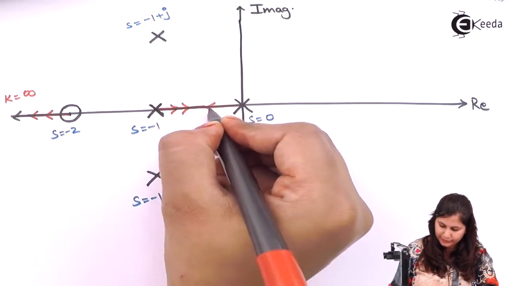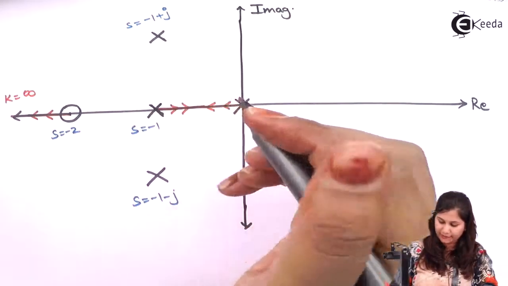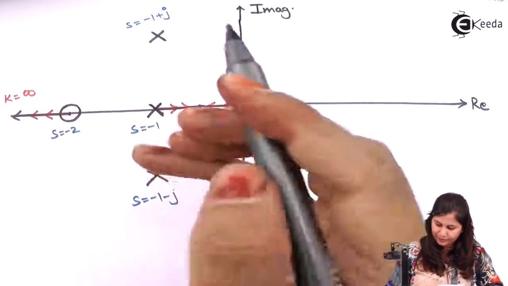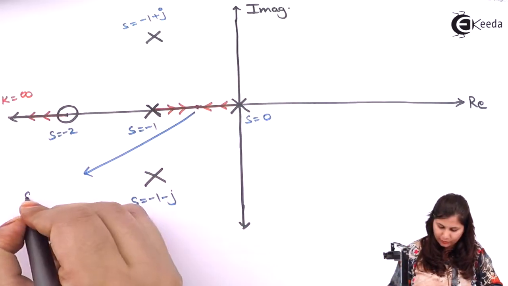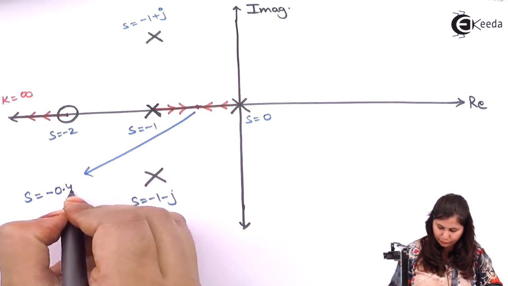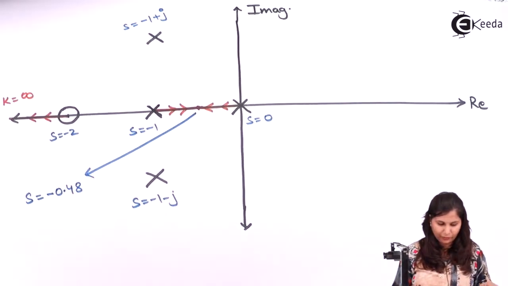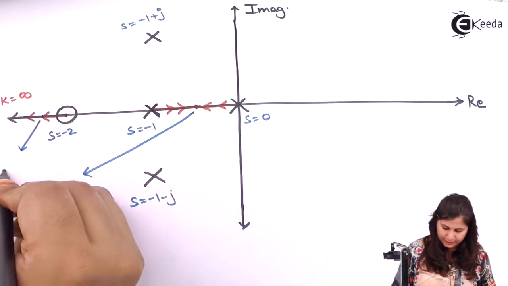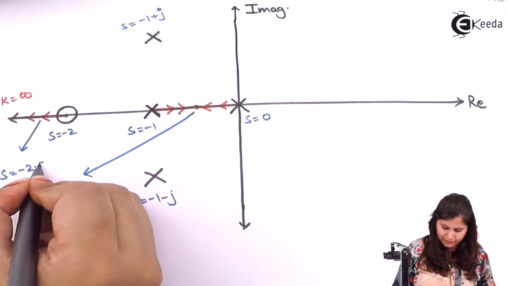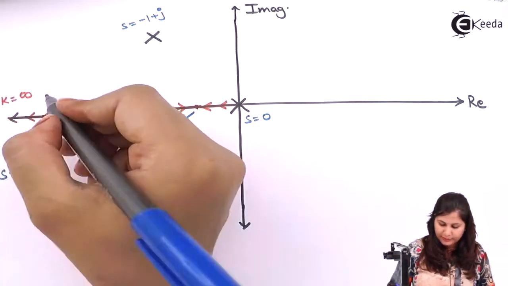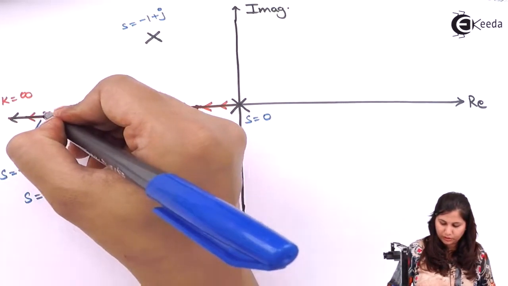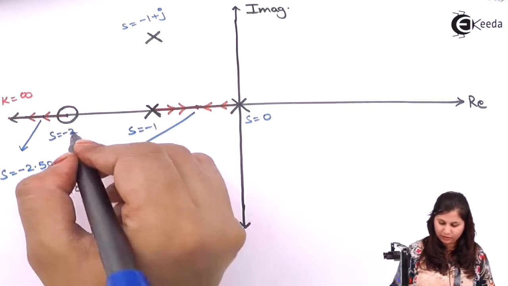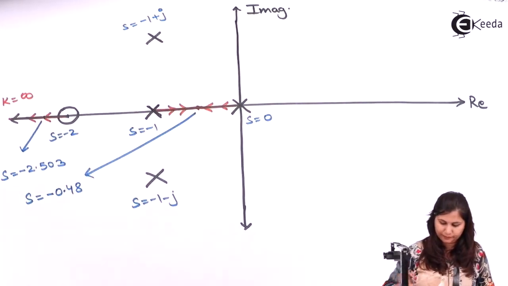For this pole, the direction of root locus was towards this, and we had a breakaway point here at s equals -0.48, and another breakaway point here at s equals -2.503. This breakaway point is due to this pole and this pole.